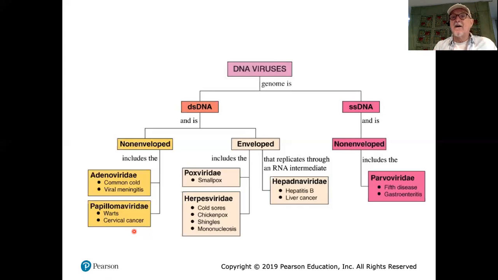So they are oncogenic. They are able to spark the development of cancers. And the one group that we're particularly interested in are the papilloma viruses that cause genital warts.